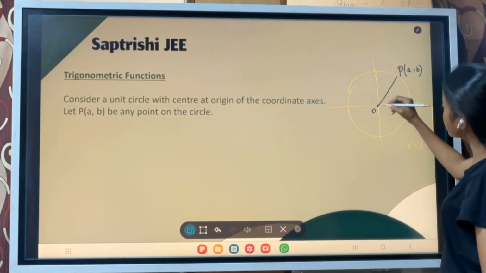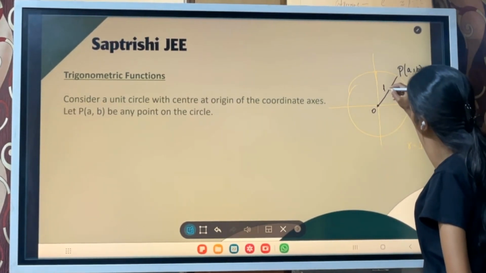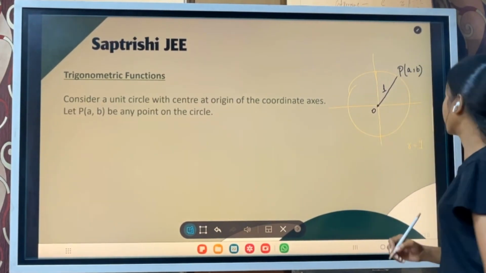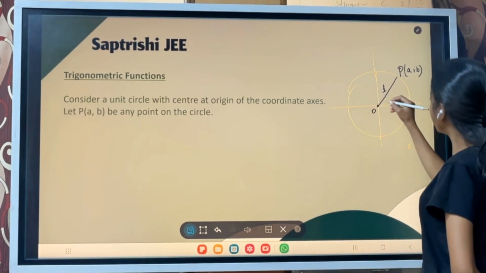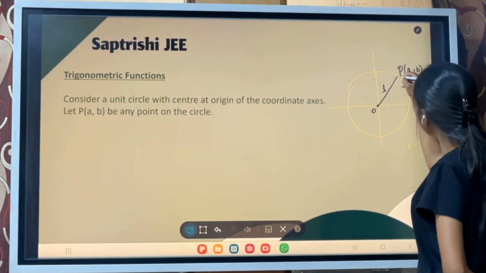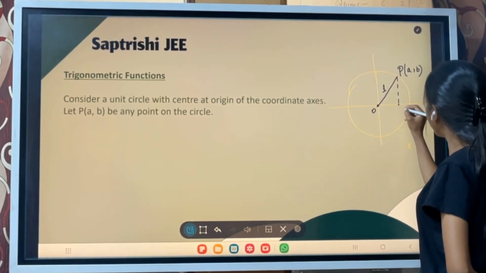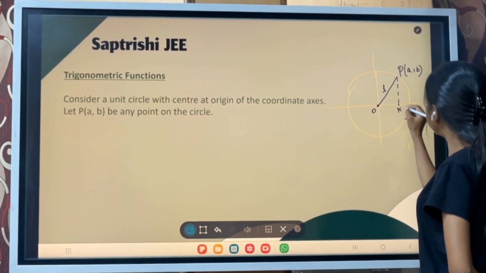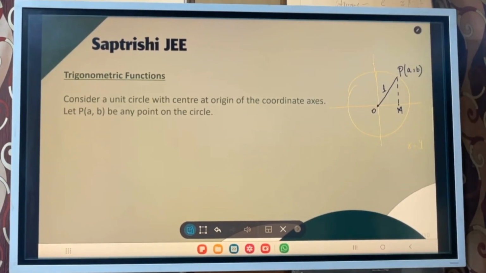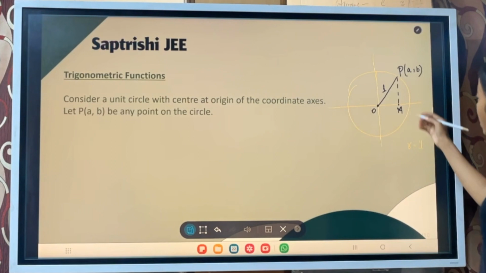So here what we got, this is the radius. We know the radius value will be 1 because it is a unit circle. Let's make a perpendicular here and let it be M.